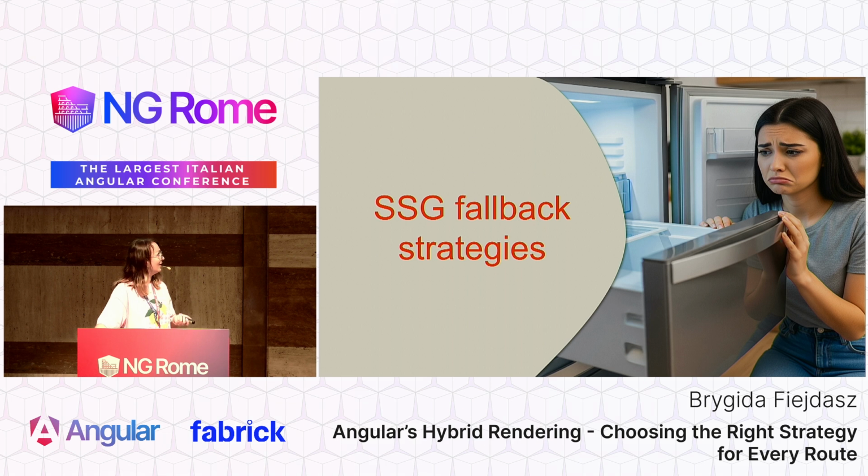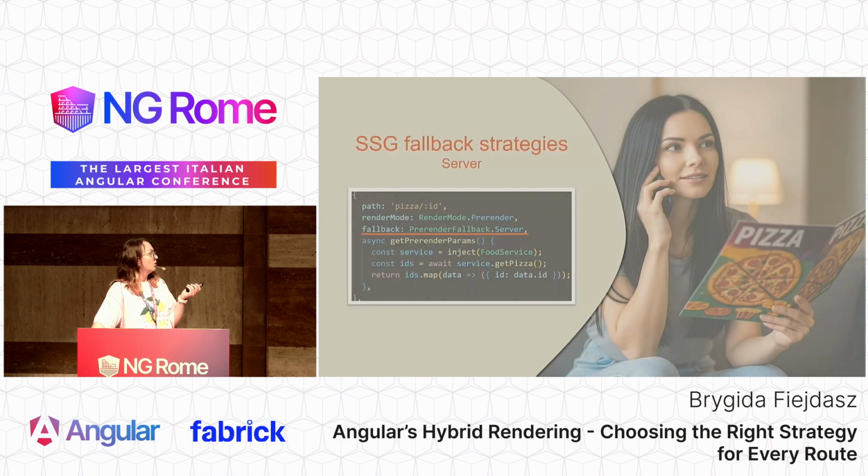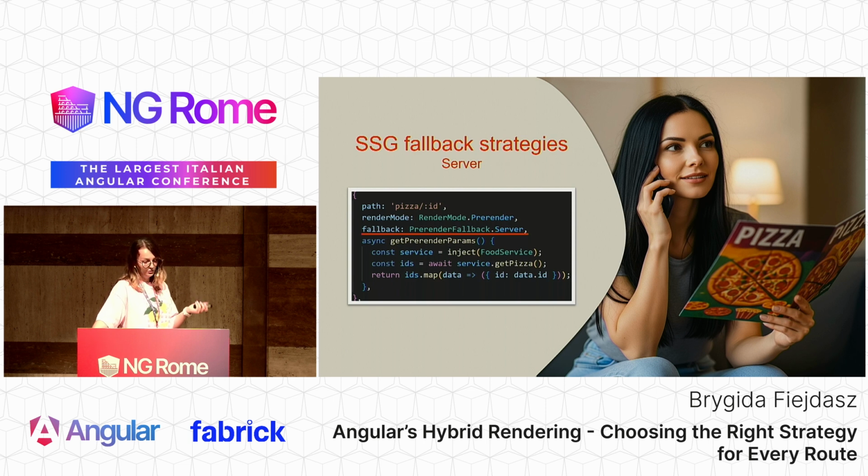So that's why, you know, something could go wrong, or a user asked for a pizza for an ID that we don't have. We didn't generate it. So what can we do? We can define fallback strategies.